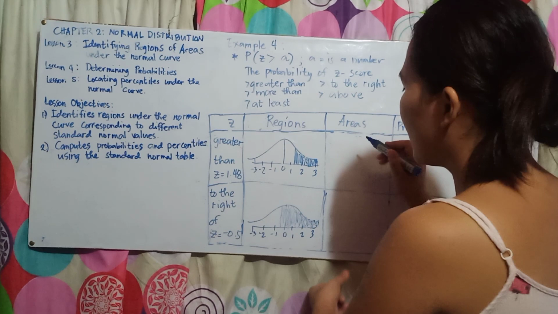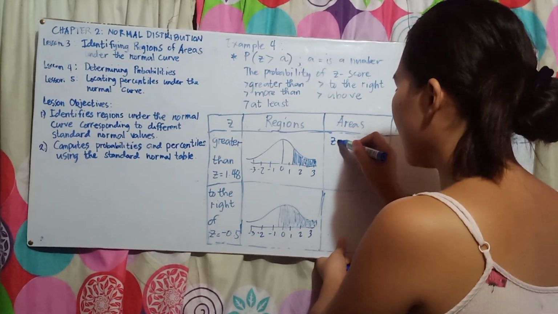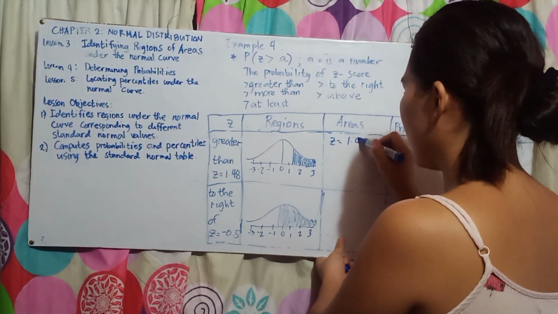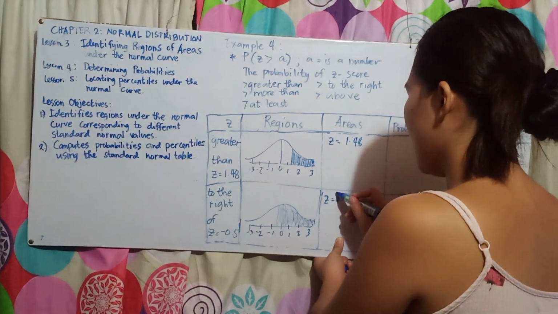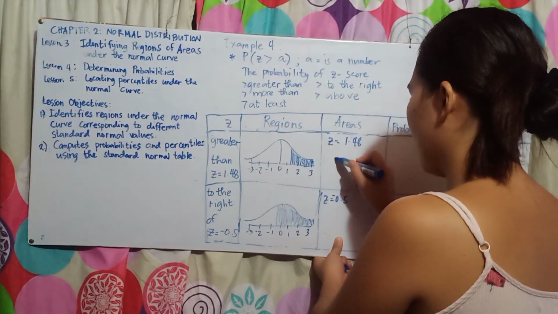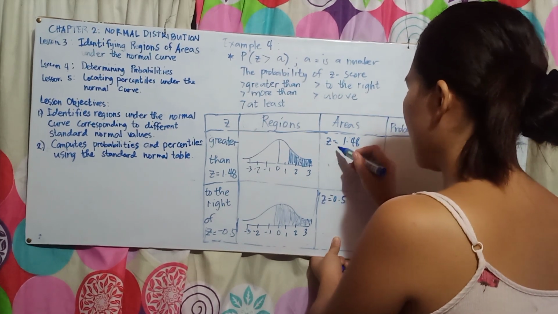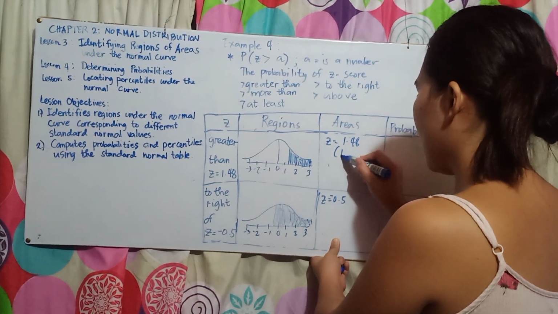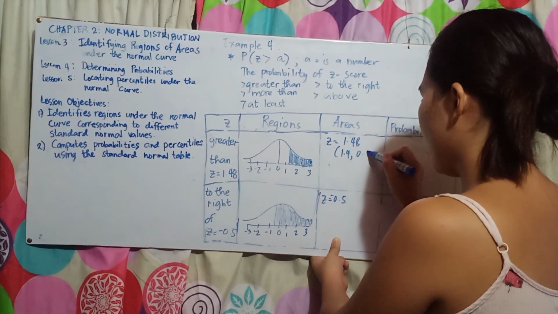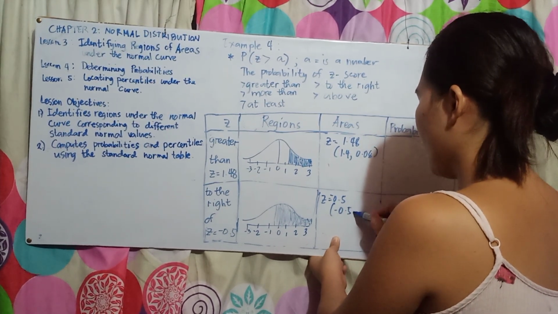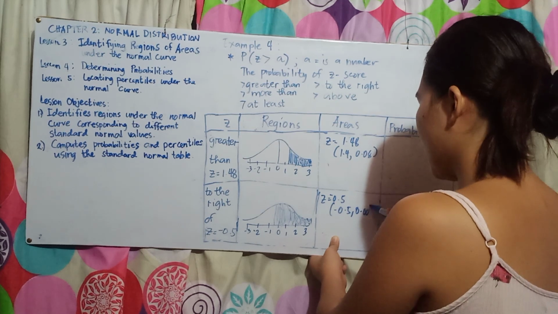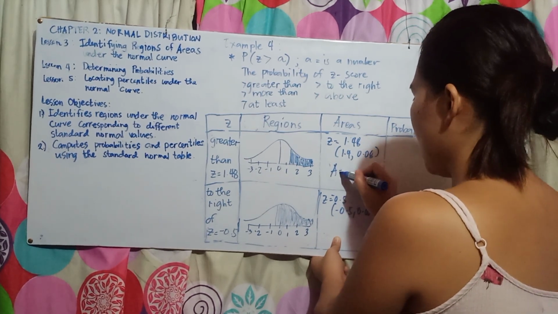So, ang area sa z equals 1.48, z equals negative 0.5. So, makita niyo siya sa table sa 1.4, 0.08. Kani, negative 0.5, 0.00.